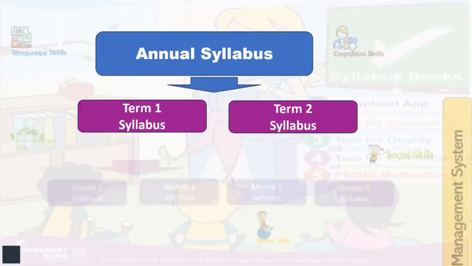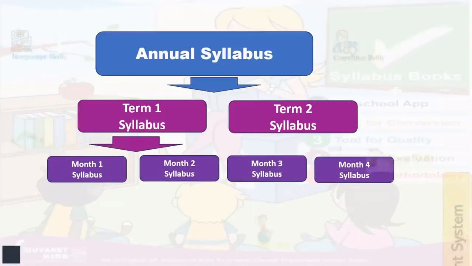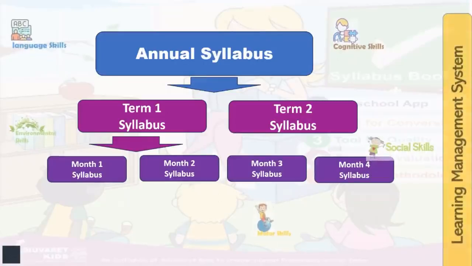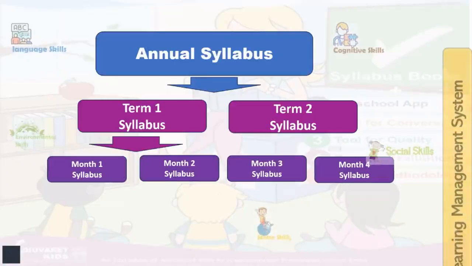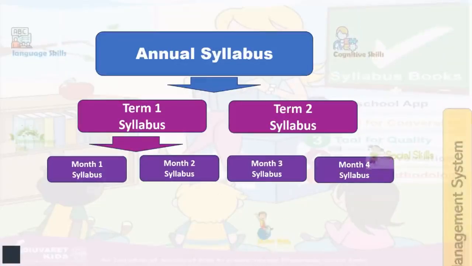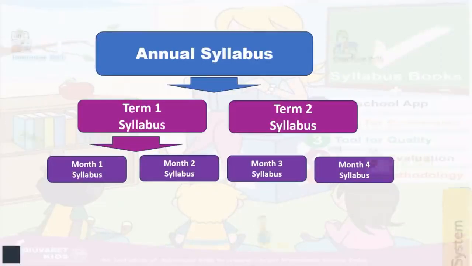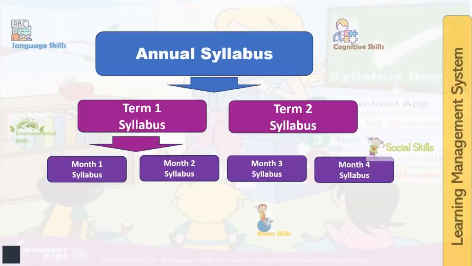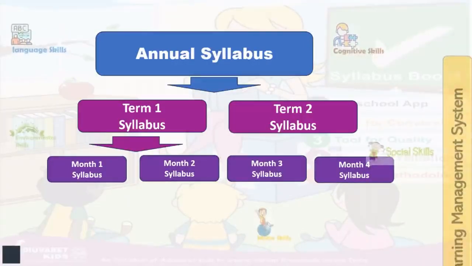Now once this is done, the term 1 syllabus is divided into an equal number of months that are available for skill building in that particular term. If we assume there are 4 teaching months in term 1, then the term 1 syllabus will be equally subdivided into 4 months.